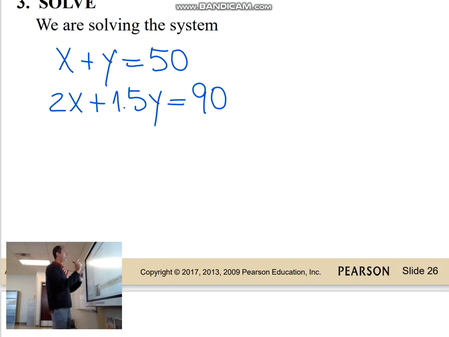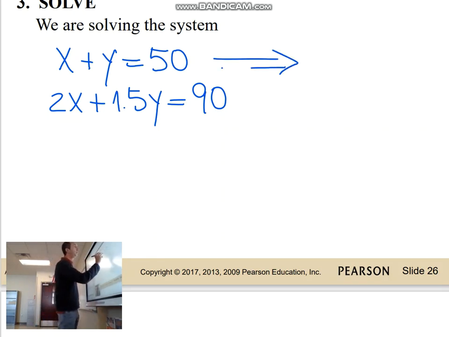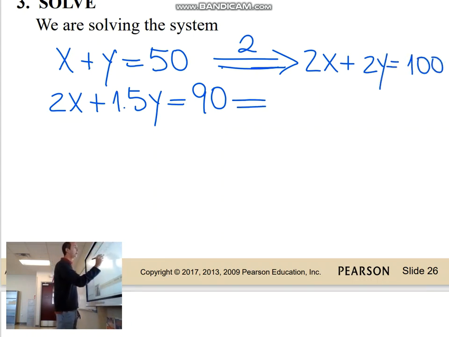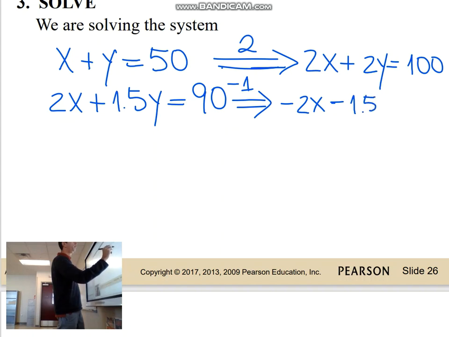Let's say we multiply the first equation, the whole thing, by 2. Multiply by 2, and then we have 2x plus 2y equals 100. And the second equation we can multiply by -1. And then we will have -2x minus 1.5y equals -90.